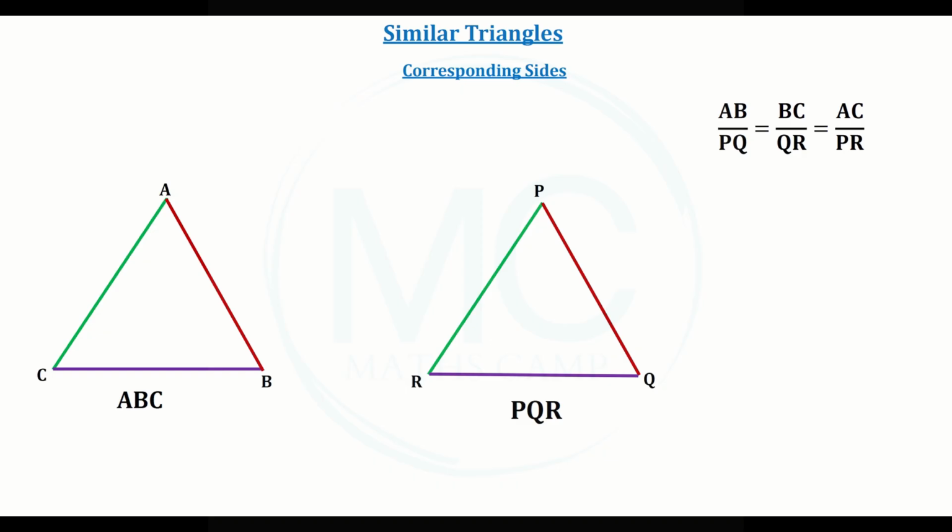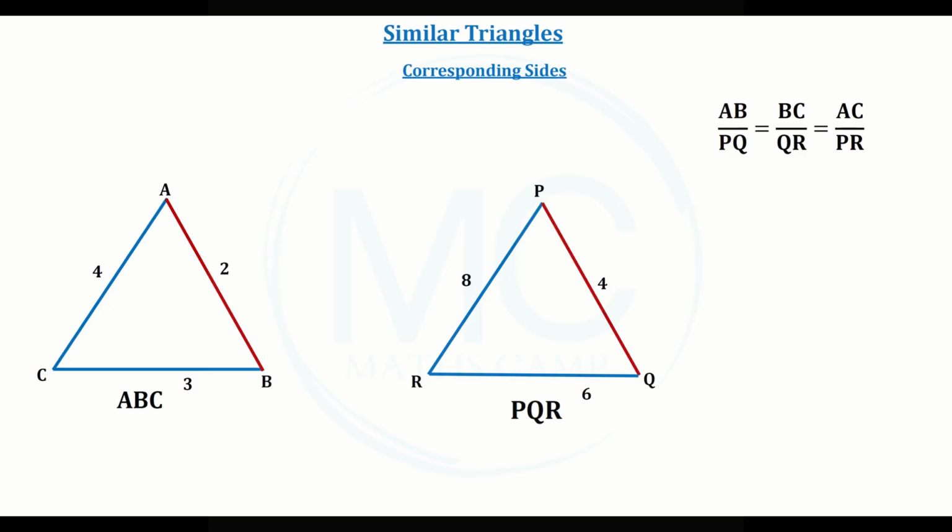To prove these sides are in proportion, we need to find the actual values for these fractions and show that they are equal. Let's make our triangles blue again and give the sides of each triangle a specific length. Now we can find the value of each fraction. Let's start with AB and the corresponding side PQ.